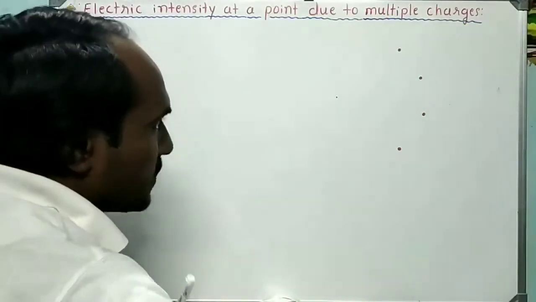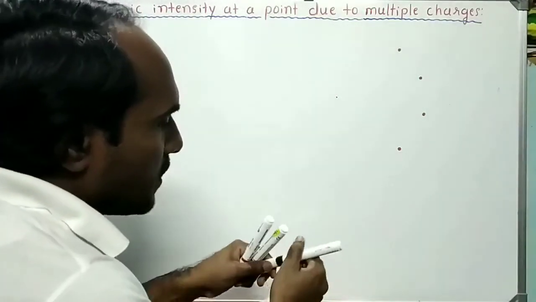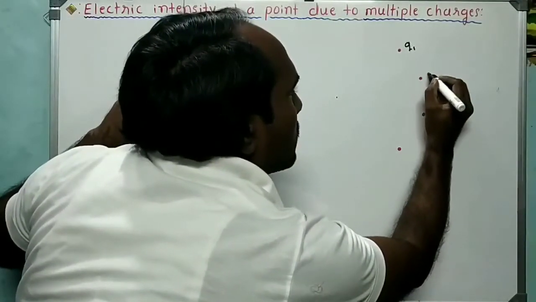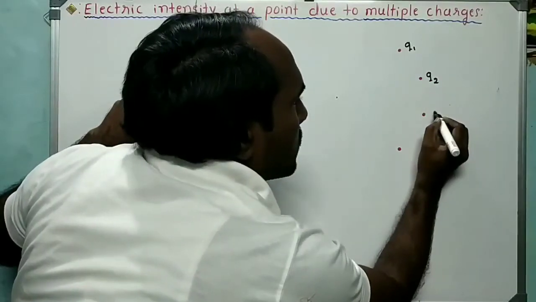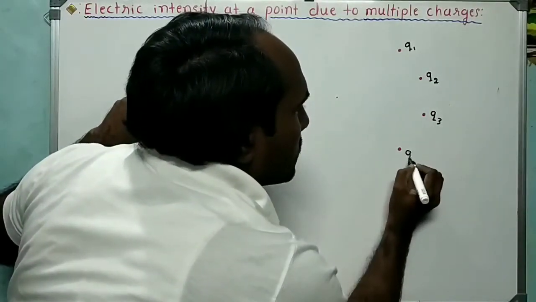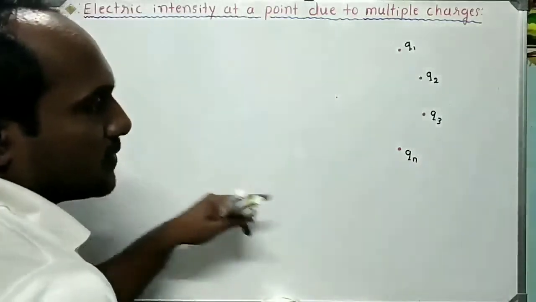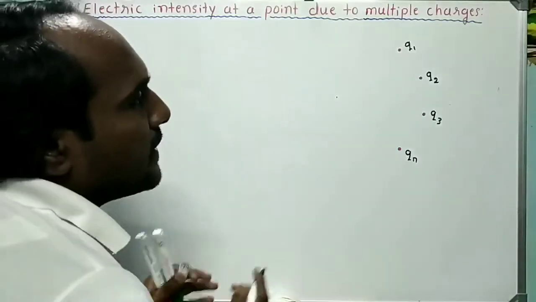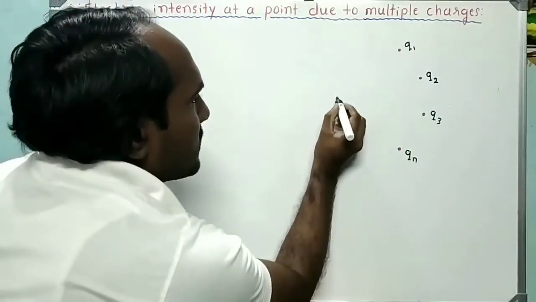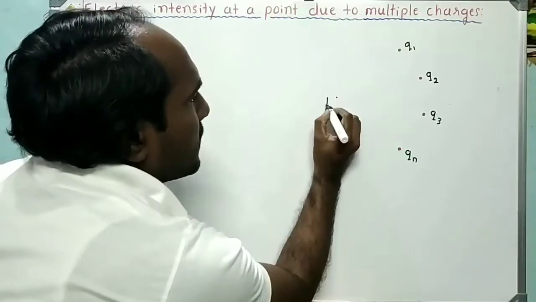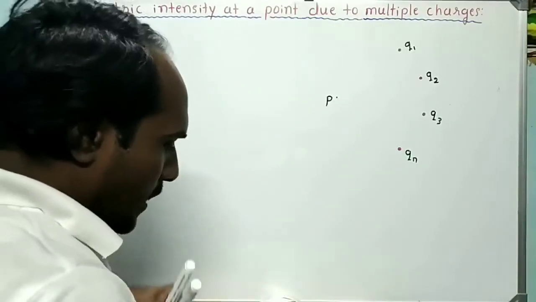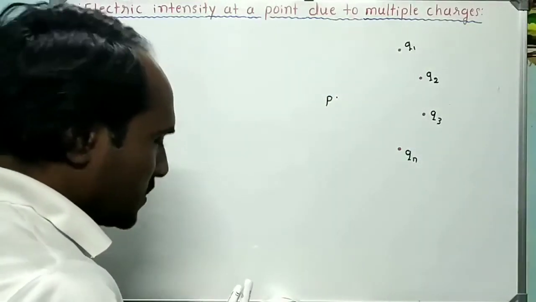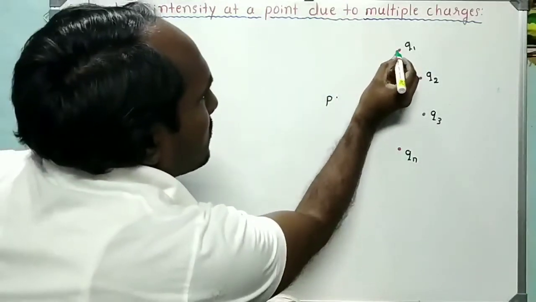I have considered n number of charges, Q1, Q2, Q3 and the nth charge, and this is the consideration point P. And what is the distance between the charges and the consideration point P? See here, these are the distances.